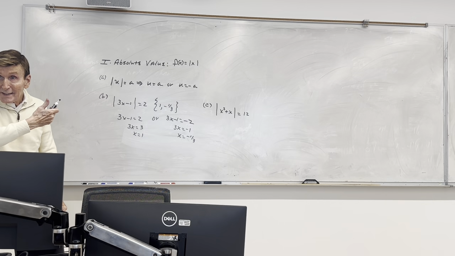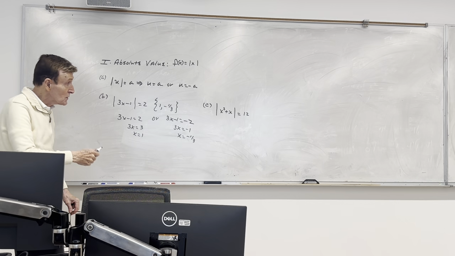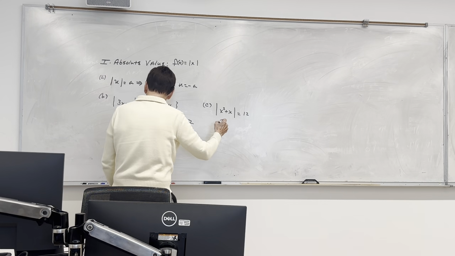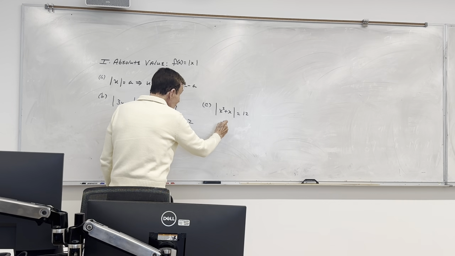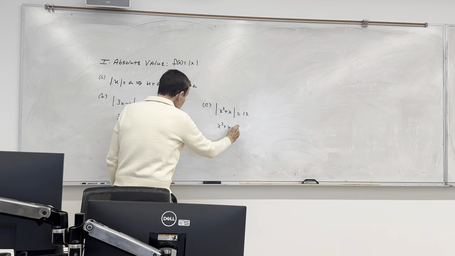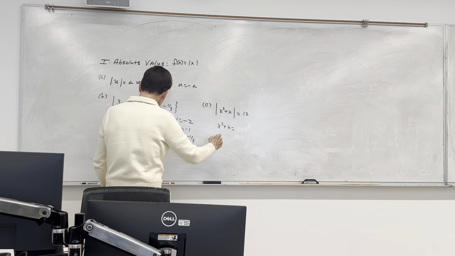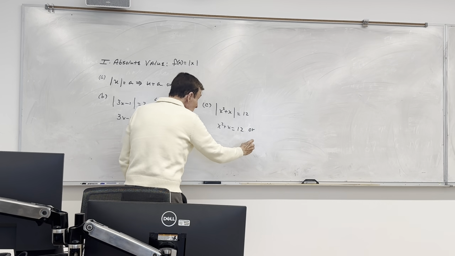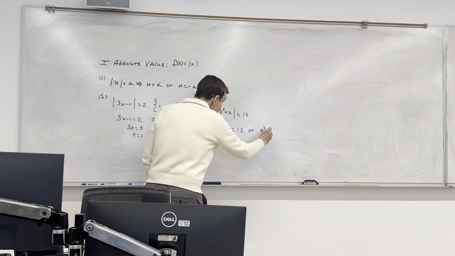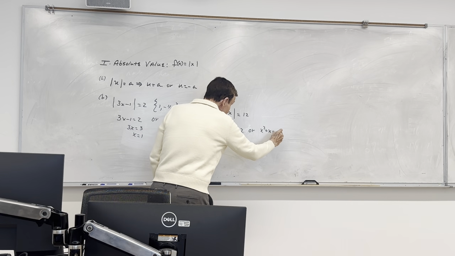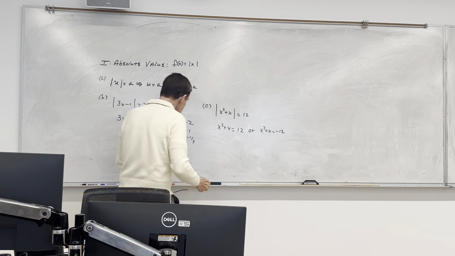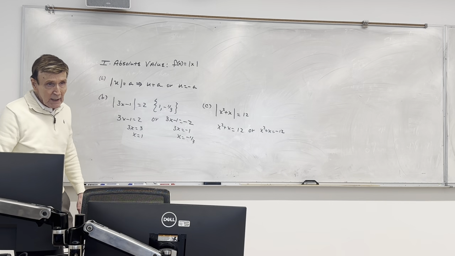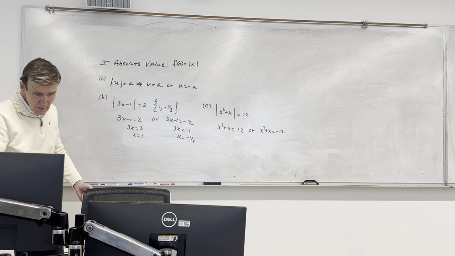Now, if I apply that definition or statement she read to us, x squared plus x could be equal to 12, or x squared plus x could be equal to a negative 12. There's the statement again, just merely using the statement.